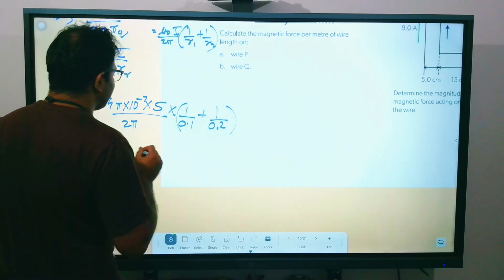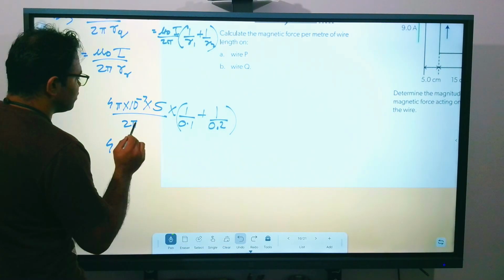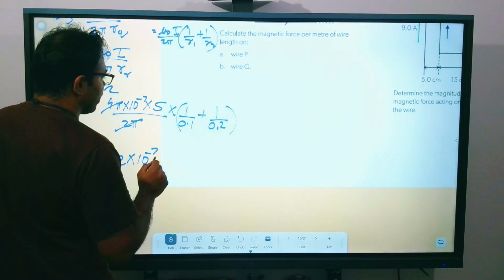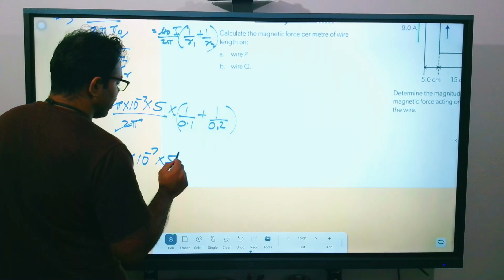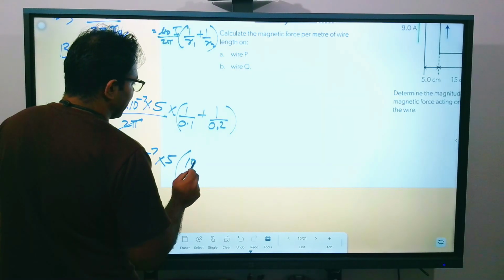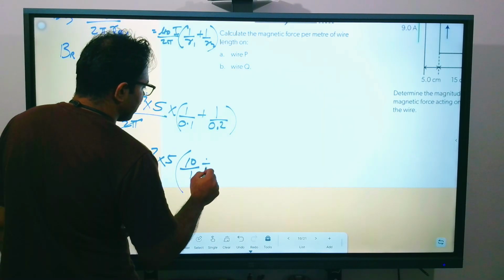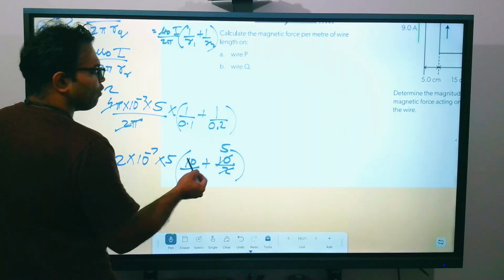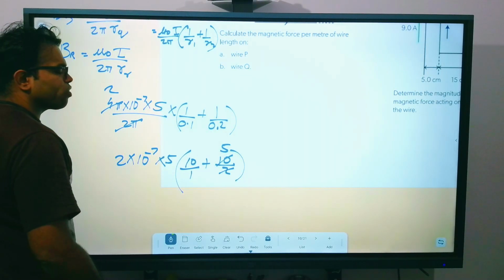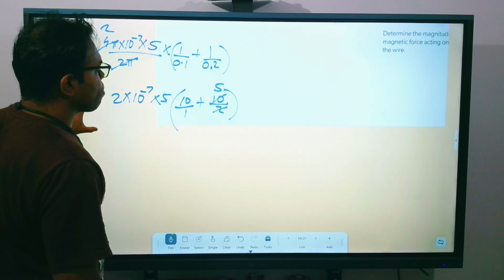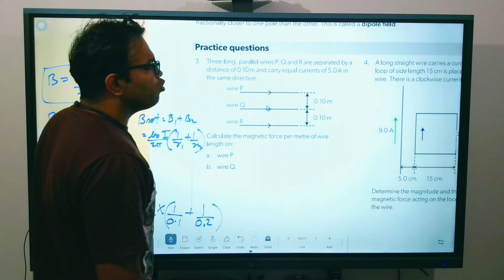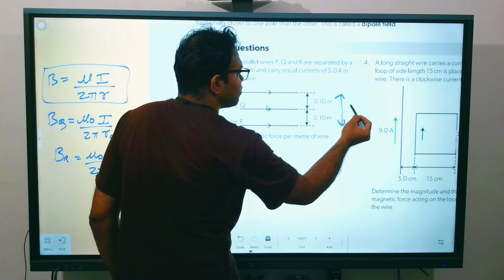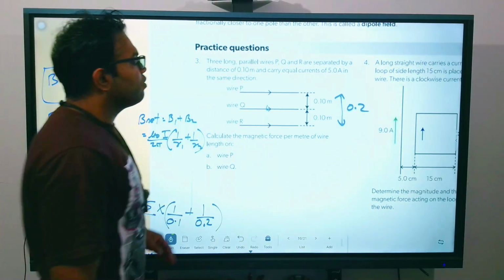You will basically get 4, I can cancel these two out and we leave 2 here. 2 into 10 to the power minus 7 into 5 into, this can be written as 10 upon 1 plus 10 upon 2. So 5, 5 plus 10 is 15.